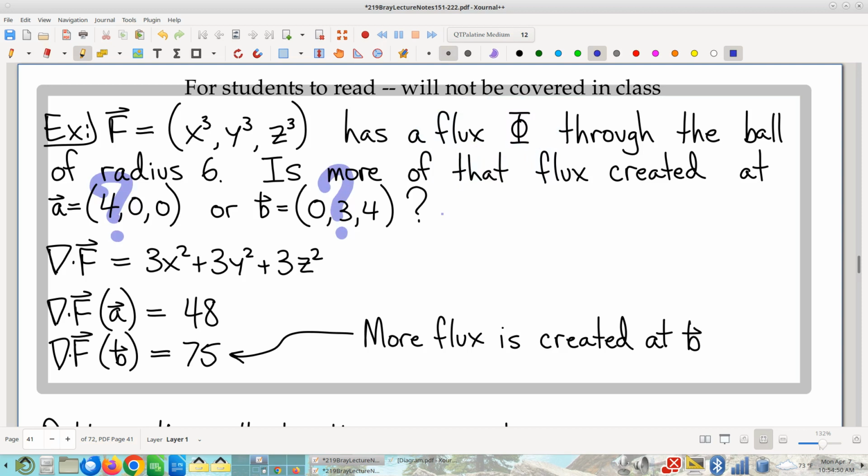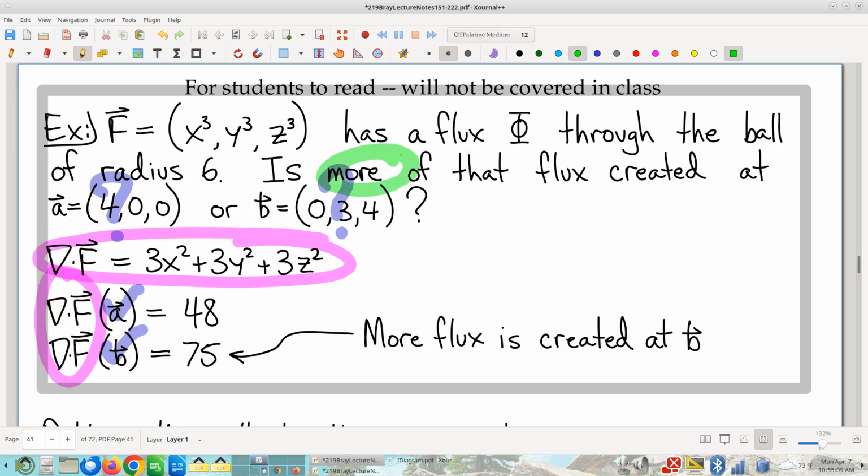And the way we arbitrate the question of where it's happening is we compute flux density. If you want to know where the flux is, compute its density. And you take that flux density and you compute it at your 2 points. And if you want to know where is more, then you just ask, which of these is bigger? Oh, by the way, it looks like it's that one.